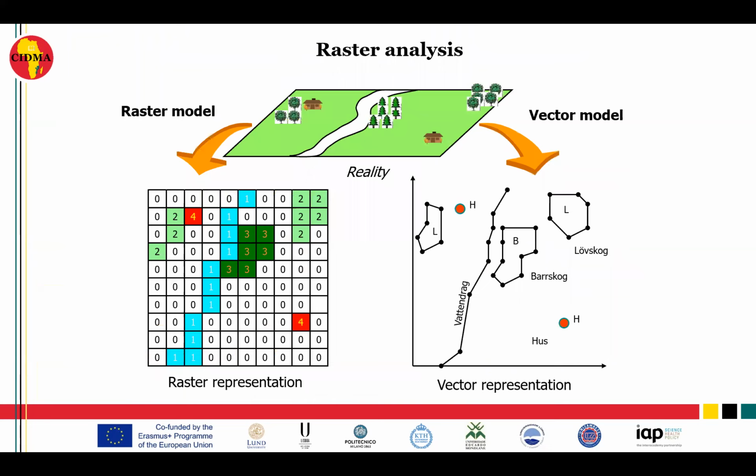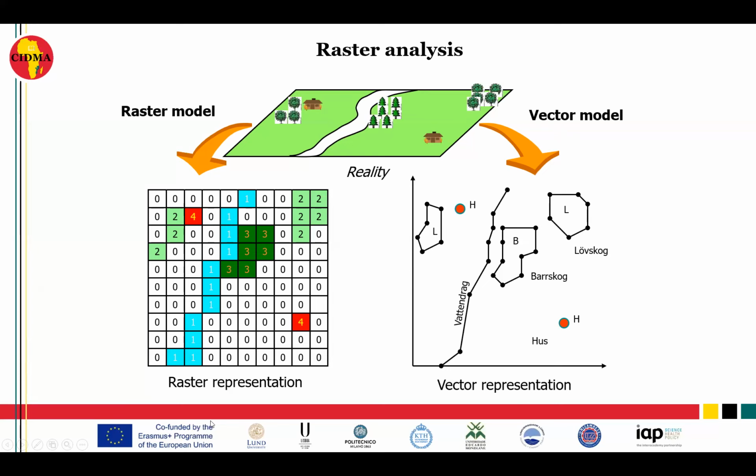We haven't talked so much about raster data yet, but you've seen this one, I think, that this is the vector model, and we see different land use types. Here we have deciduous forest, here we have coniferous forest or pine forest and houses.